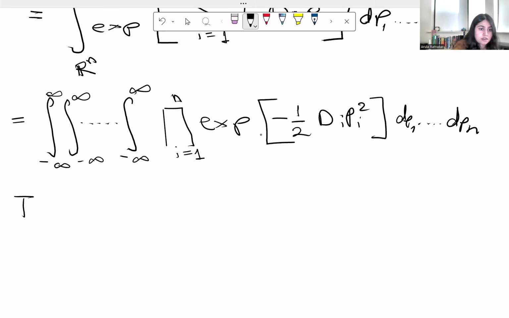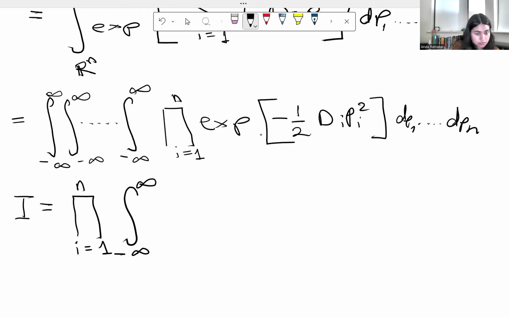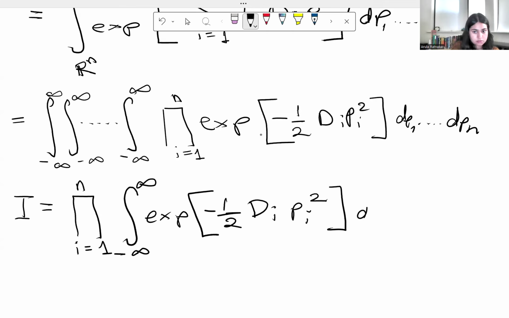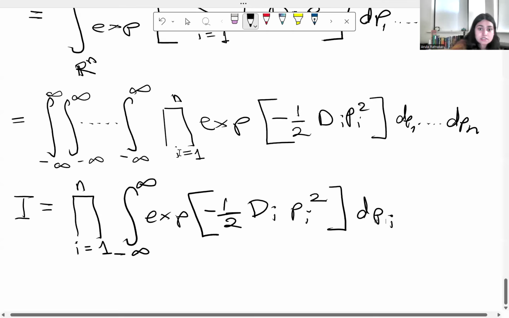So now we have I is equal to the product of i equals 1 to n of just a univariate Gaussian integral, negative infinity to infinity, exponential negative 1/2 di pi squared dpi. And we did this at the beginning.